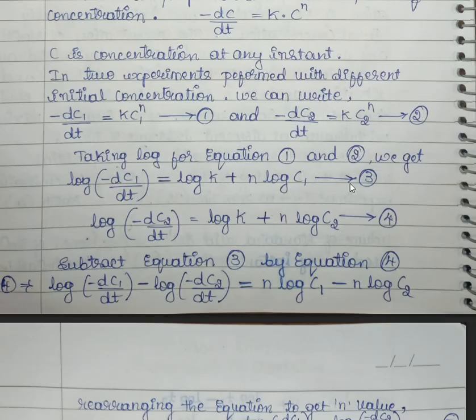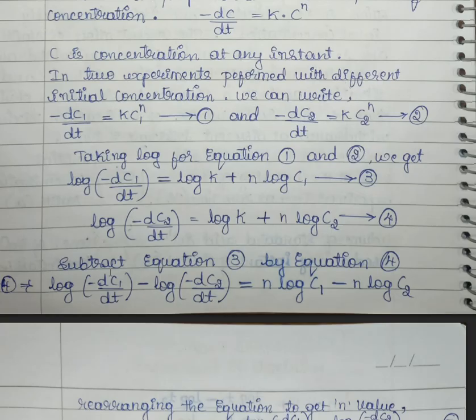When we consider logarithm functions, log a into b is equal to log a plus log b, and log a to the power n is equal to n log a. Applying these and simplifying, we get equations 3 and 4.